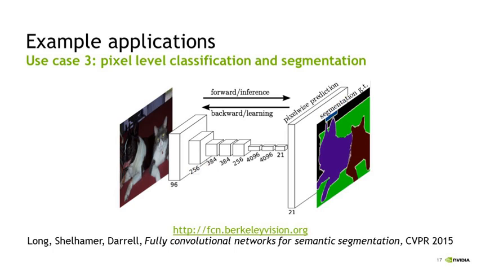You take your final fully connected layer, which maybe in this example has 21 output neurons, and you upscale that to be the same size as your input image, and you make a pixel-wise prediction of what is at each pixel. Again, there's a fork of Caffe which offers this functionality, and a reference that you can see on the slide.